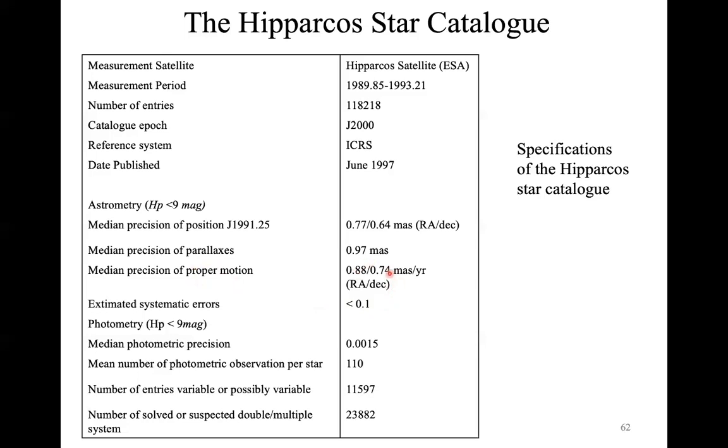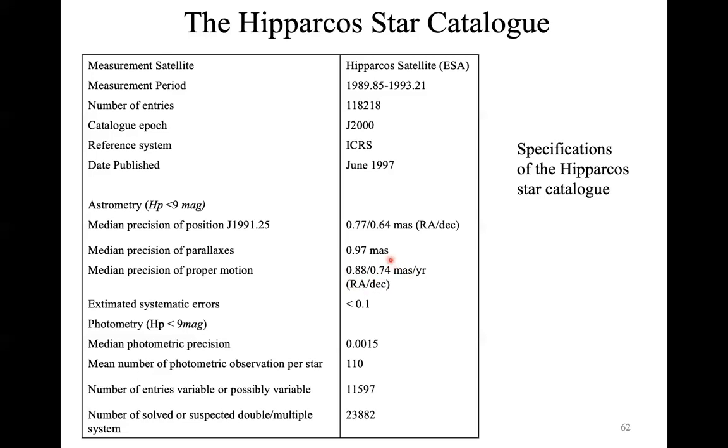This is an important property because if you have an error that does not take into account the fact that one star is closer to us and so is apparently moving with respect to the background, when you are trying to determine the vector v, that would be affected by an error that in this case is related to these 0.88, 0.74 milliarcseconds per year.